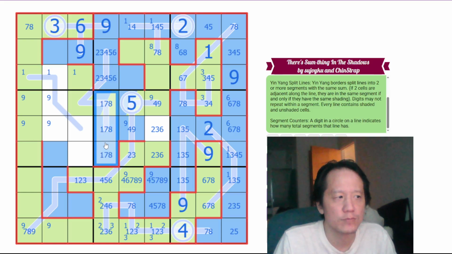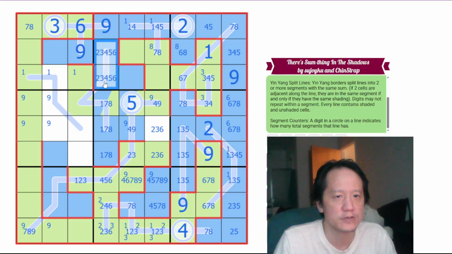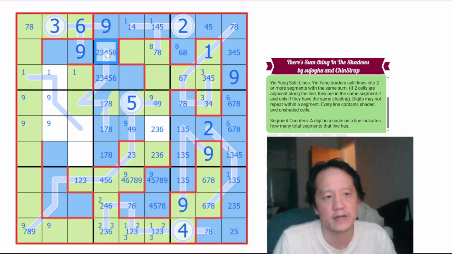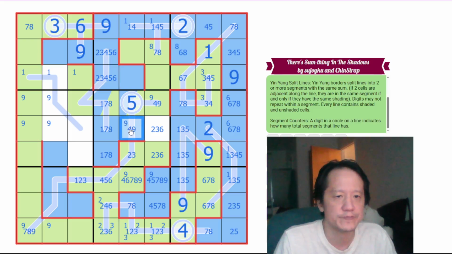Interesting. Right, because one of these has to be a single digit. And it cannot be 9. So since they can't be 9, this cannot have a 1 because the 1 has to be here. So it's at least 2 and 6 at most with the highest digit. So these are then the digits 2 through 6.